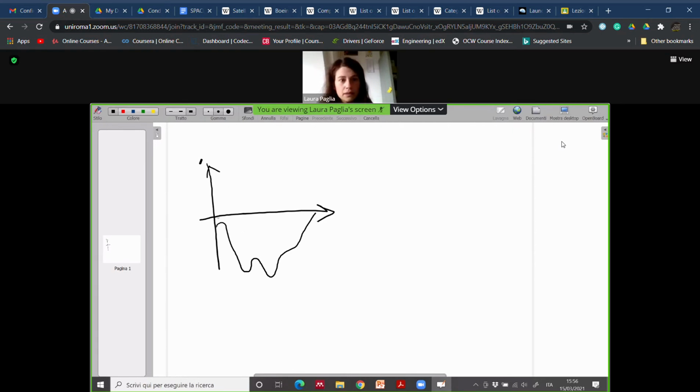For example, one Gaussian curve, two, and three Gaussian curves.